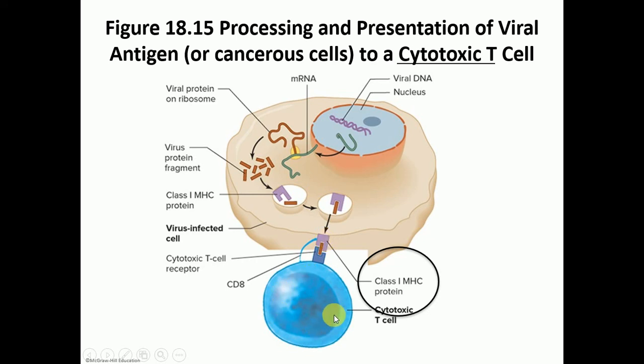Now these cytotoxic T cells have on their surface a CD8 protein. Those are going to identify the class 1 MHC and figure out, wait a minute, this class 1 MHC is abnormal. It has an antigenic particle attached to it. That means that this cell is either invaded by a virus or has cancerous changes and it needs to be destroyed.